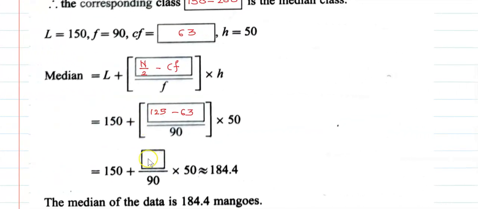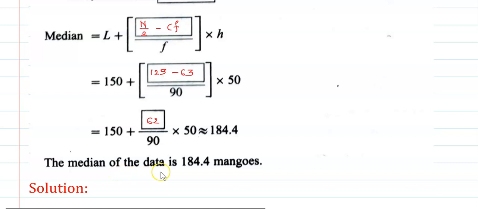Their subtraction is 62. Therefore, 150 plus 62 upon 90 into 50 is 184.4. Therefore, the median of the data is 184.4 mangoes.